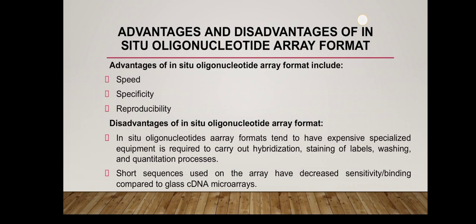Disadvantages of the in situ oligonucleotide format: expensive specialized equipment is required to carry out the hybridization, staining, labeling, washing, and quantification process. The short sequences used on the array have decreased binding sensitivity compared to glass cDNA microarrays.